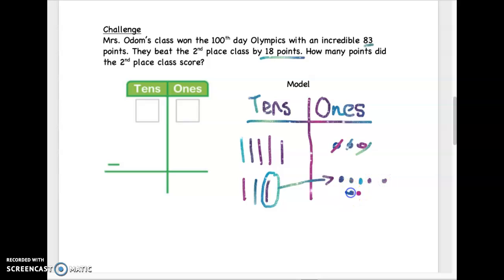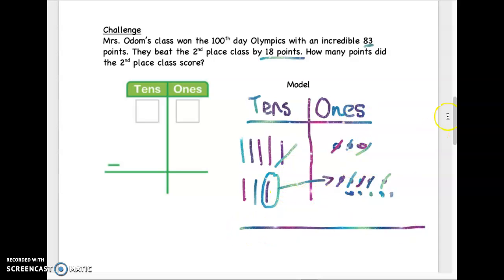5, 6, 7, 8, 9, 10. And I'm going to continue counting till I can take away 8 ones. So I have 3 here already. 4, 5, 6, 7, 8. I took away my 8 ones, and I also have to take away 1 ten. So I'm going to take this one off.